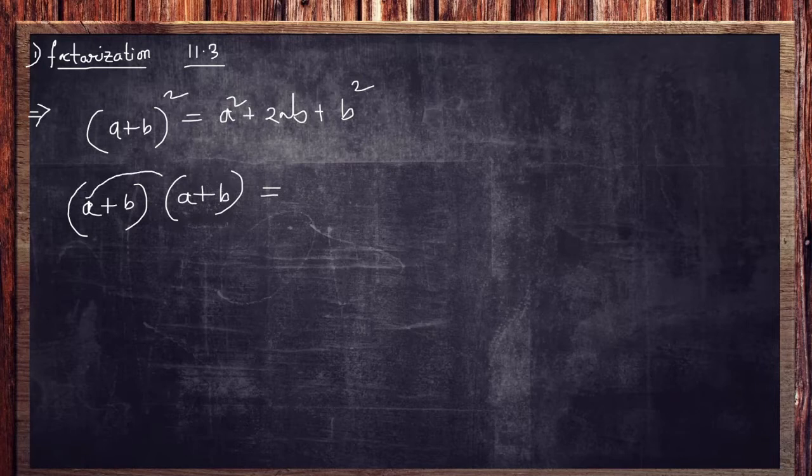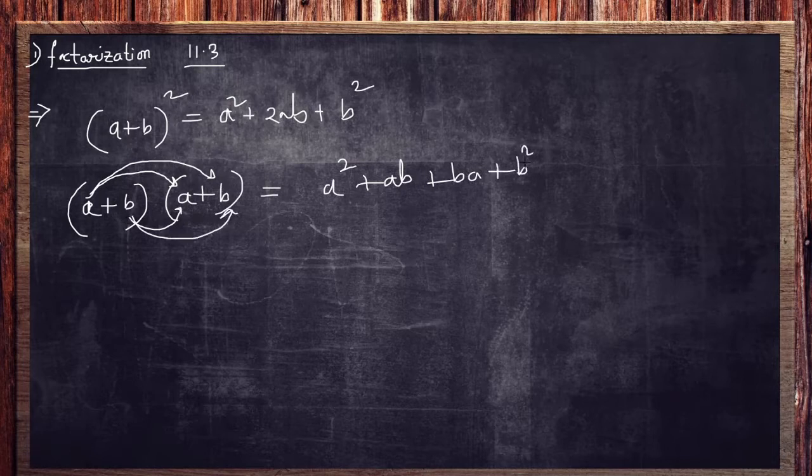First of all, I will multiply a with a, which is a square, then a with b, which is plus ab. Then b with a, which is ba, and b with b, which is b square.